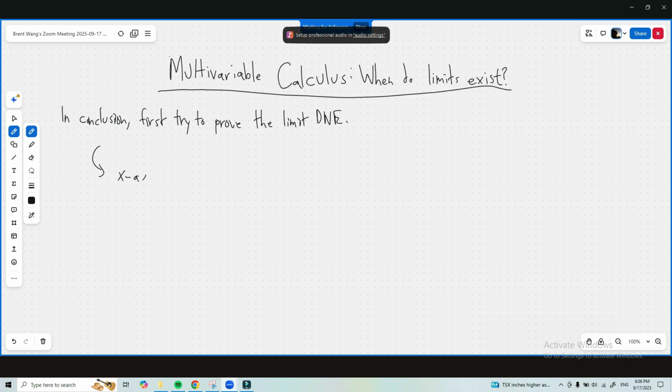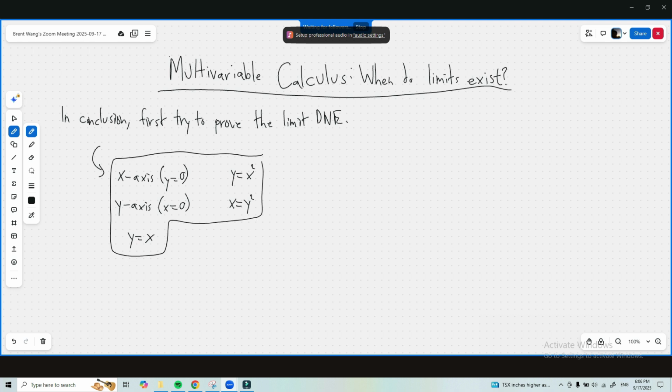Try the x-axis, y equals 0, the y-axis, x equals 0, y equals x squared, and x equals y squared. If they all give you the same valued limit, like 0, then you can suspect the limit exists, and then try the squeeze theorem.